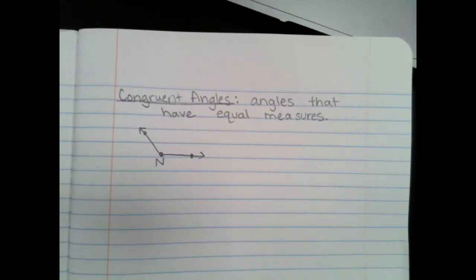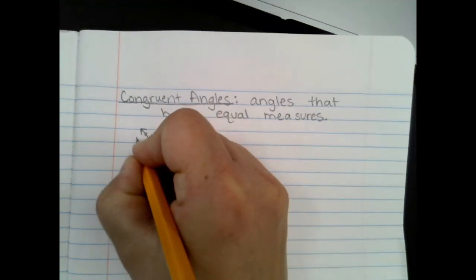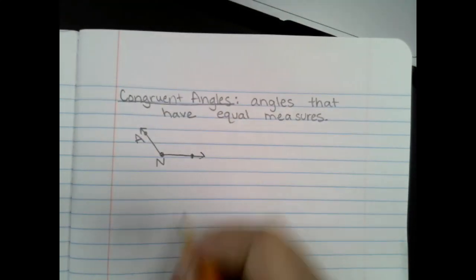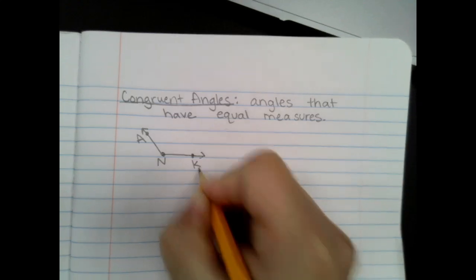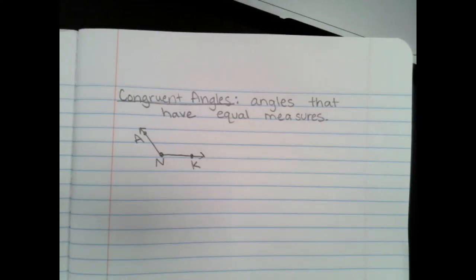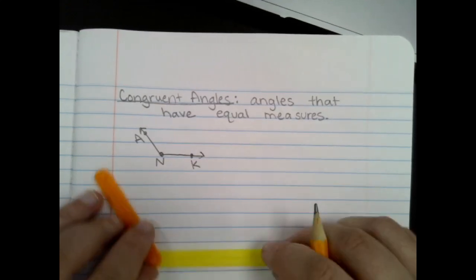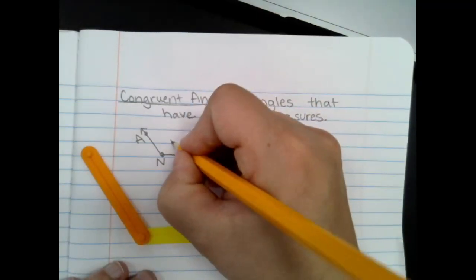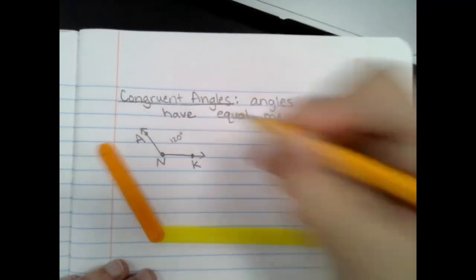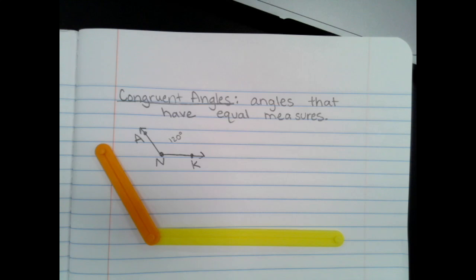And then for our other 2 points, let's do A and K. Okay, that's about 120, so I'll just write that 120 somewhere in that middle, about 120 degrees.